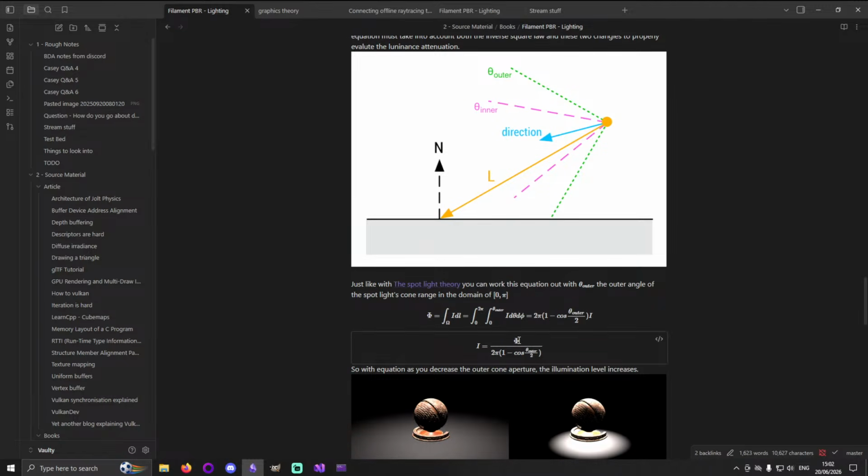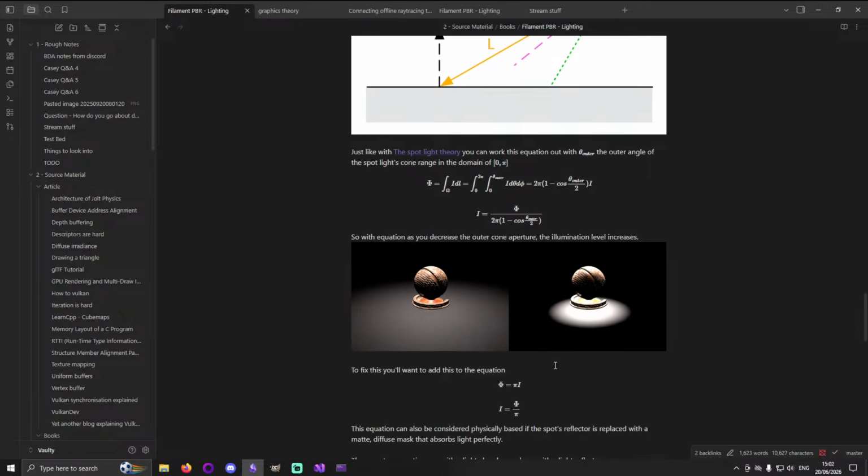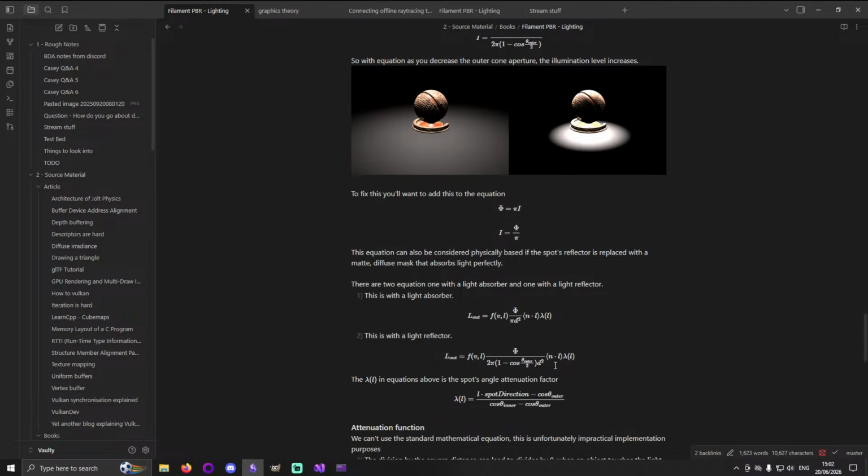So phi, which is the power, over 2 pi minus cosine divided by... is the illuminance. Equation power. And so then we just do that 1 over pi with a light absorber. Here's the thing I don't quite understand. What, with a light reflector? What is this versus this? Is this the physically accurate one? I don't know.